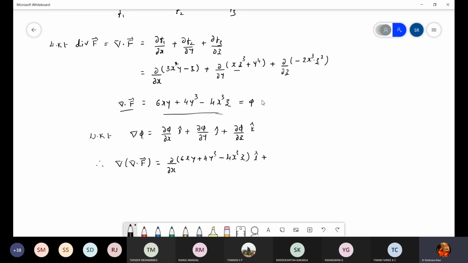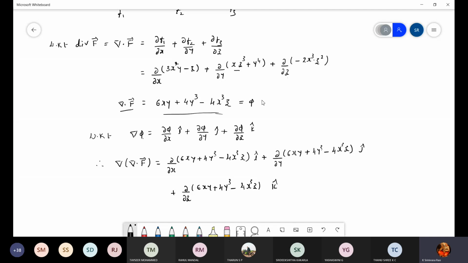This is i cap, plus dou by dou y of 6xy plus 4y cube minus 4x cube z times j cap, plus dou by dou z of 6xy plus 4y cube minus 4x cube z times k cap.